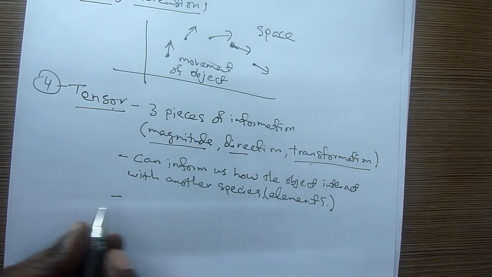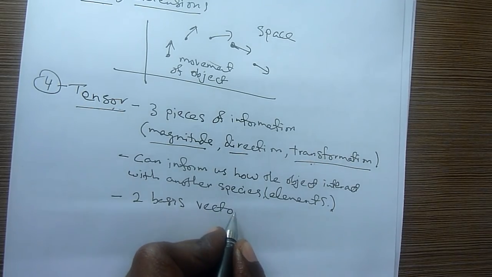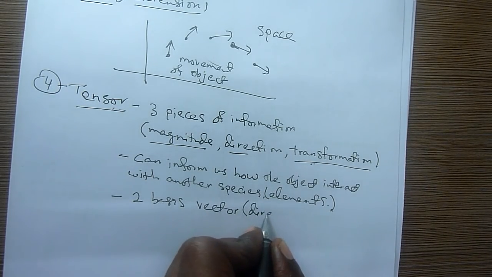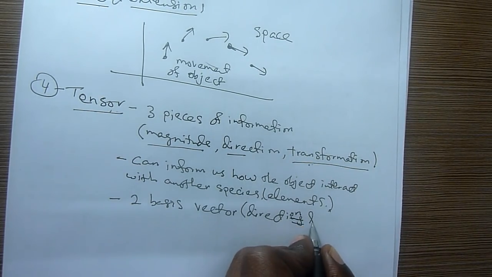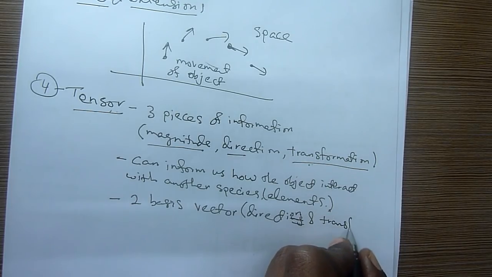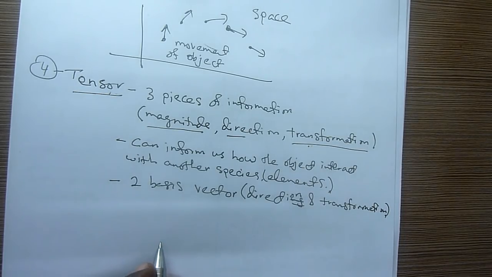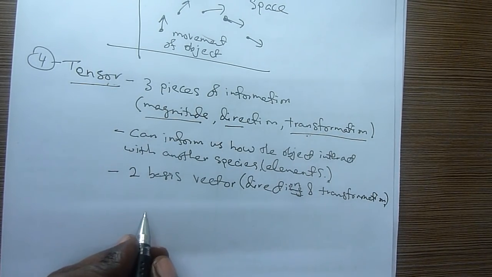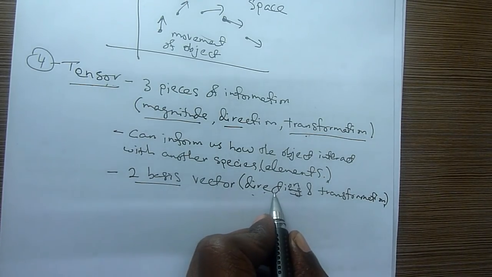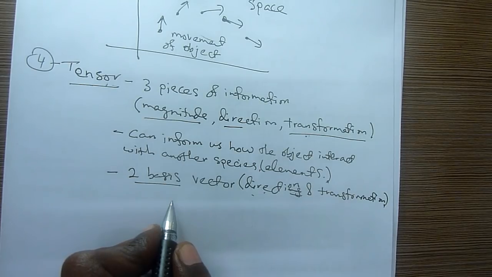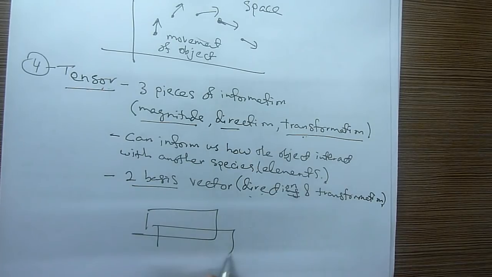This is one of the very interesting two basis vectors, as I say. They give us direction and transformation. Therefore, when we get this hidden information, called transformation and direction, we are able to see, for example, this object.